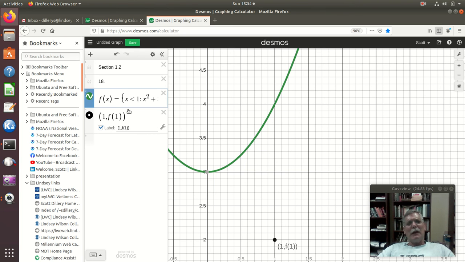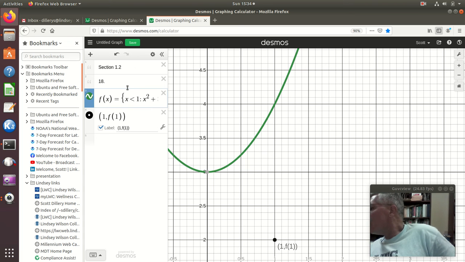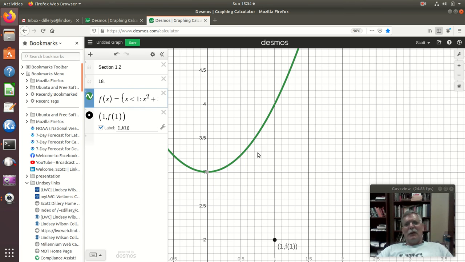All right, so I could graph this and take a look and say, they wanted the limit as x goes to 1, and as I look at this, yeah, there should be an open circle here at x equals 1 and the y value of 4, but other than that, it doesn't matter that there's an open circle. As I look at the trend, everything heads toward 4, and so my limit here is 4.